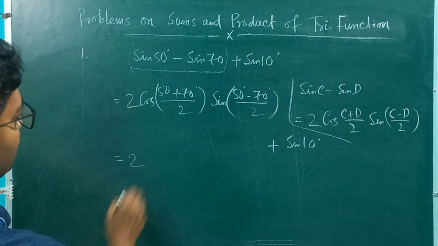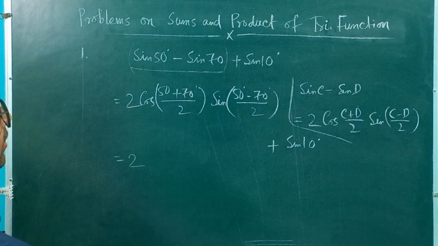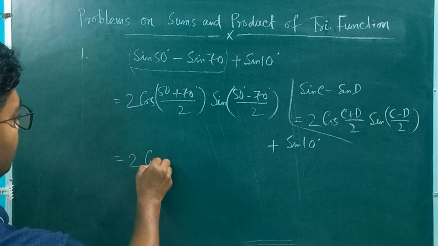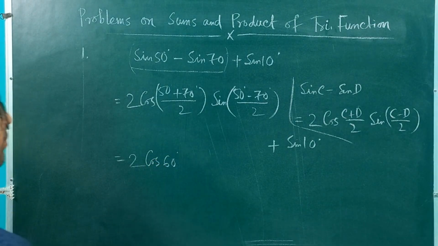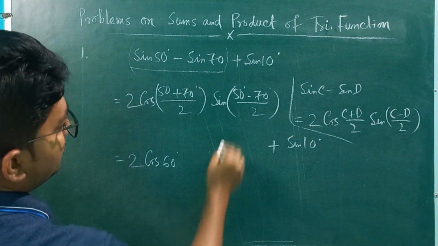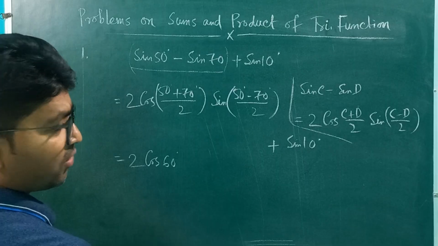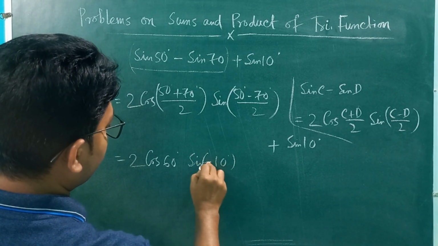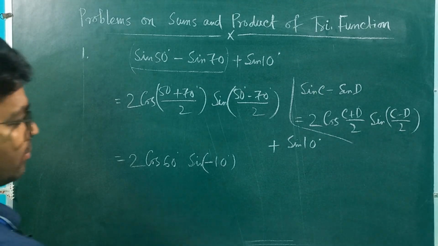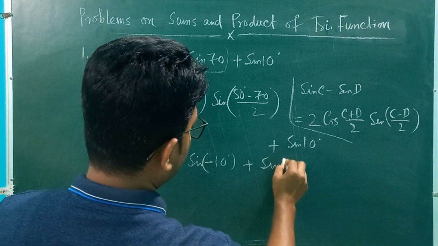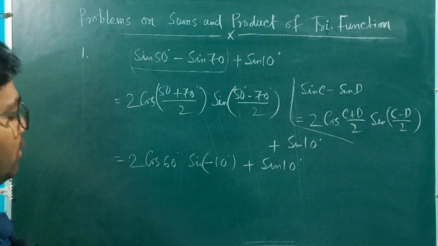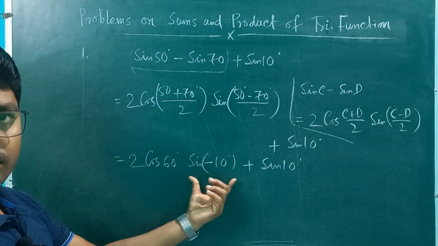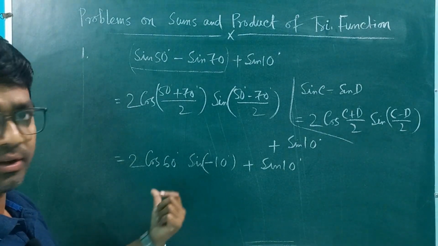So see this one: 50 plus 70 is 120, by 2 that is 60, cos 60. Now 50 minus 70 is minus 20, by 2 this becomes minus 10 degree, plus sin 10 degree. Now you know sine of minus theta means minus sin theta.